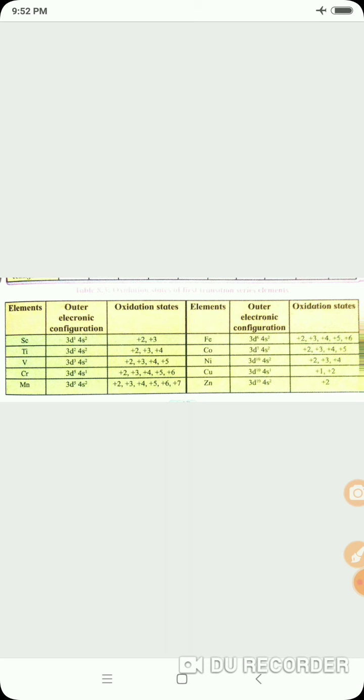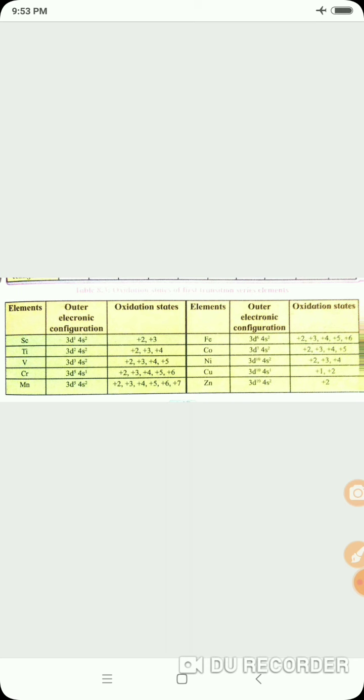There are two oxidation states shown by scandium, +2 and +3. Means that +2 indicates that two electrons are lost by this metal atom and it gets converted into the ion. Then titanium shows three oxidation states, that is +2, +3 and +4.